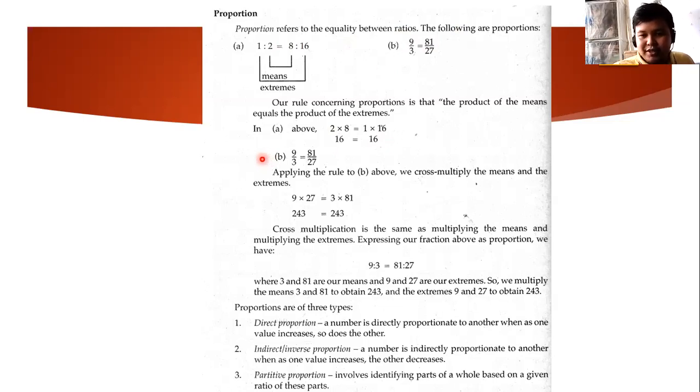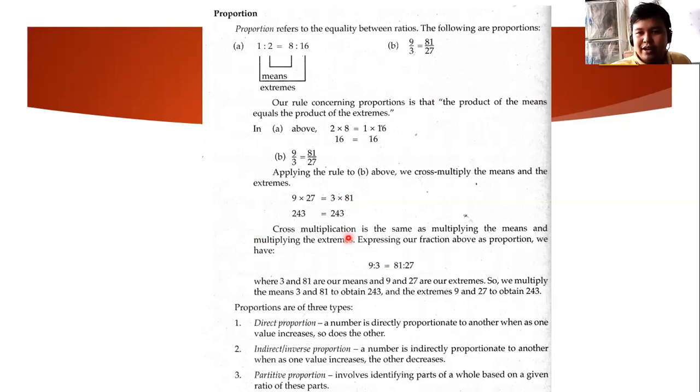Cross multiplication is the same as multiplying the means and multiplying the extremes. 9 over 3 and 81 over 27: the means are 3 and 81, the extremes are 9 and 27. Multiplying the two, you still get 243.